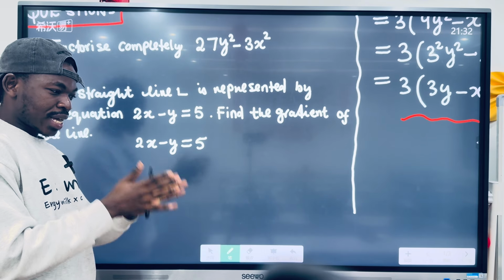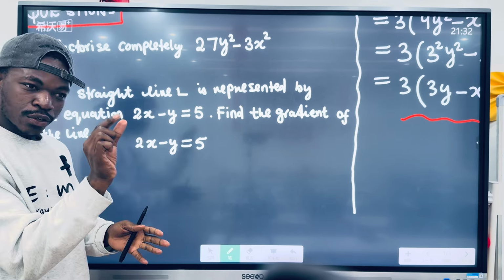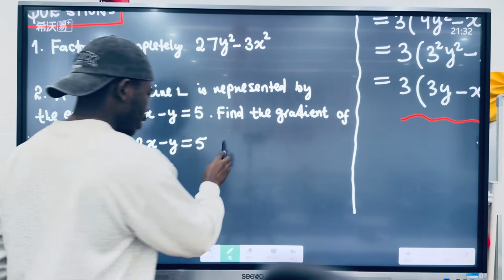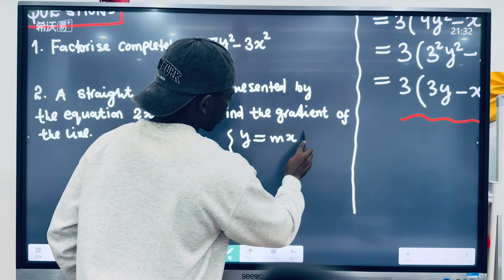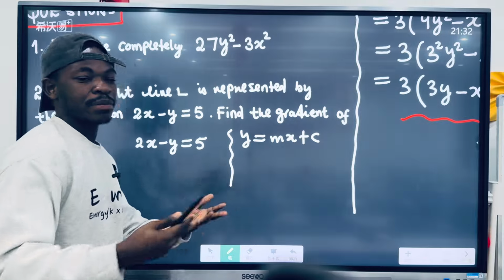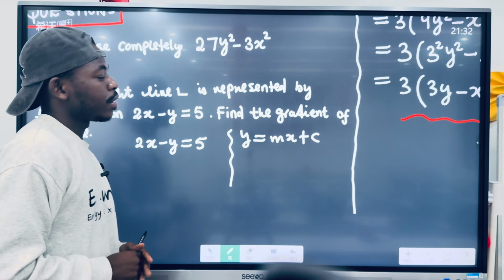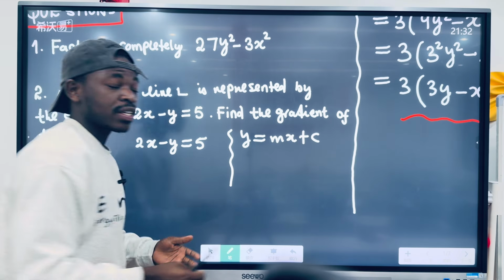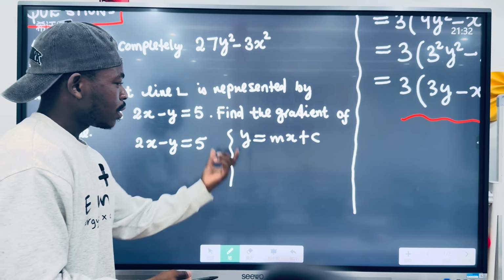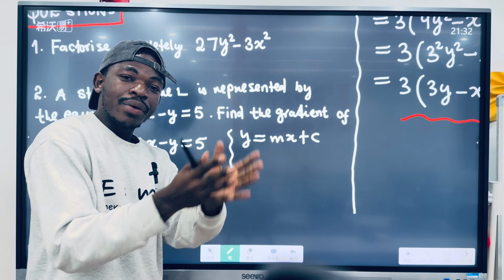The standard form of the equation of a straight line looks like this. y equals mx plus c, or mx plus b, or kx plus b, whatever you are okay with. So y is equal to mx plus what? c. So this is the standard form of the equation of a straight line.